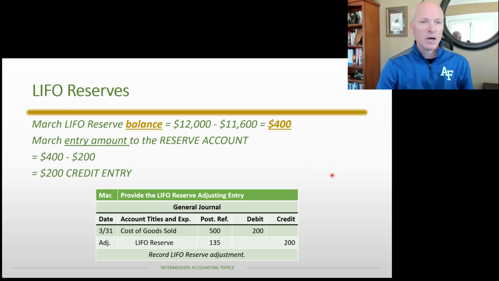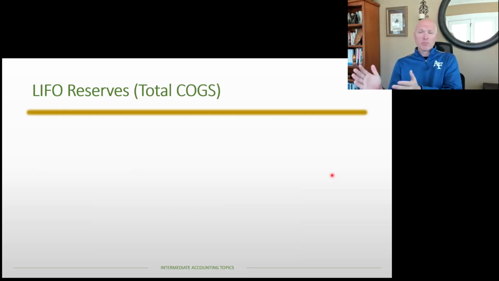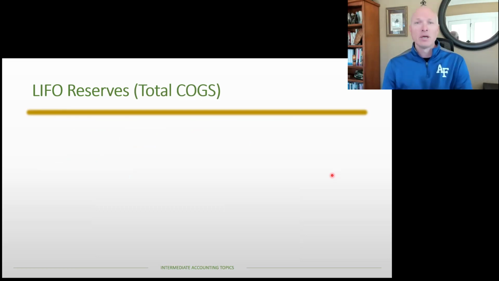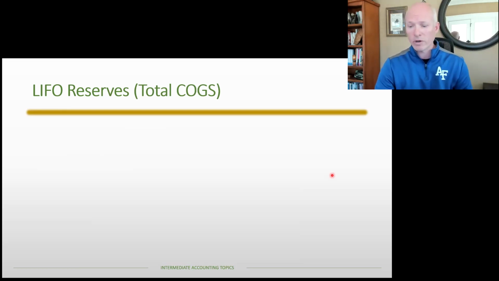All right, so let's now move on to thinking about that cost of goods sold number. Again, the whole idea here is we want our external reporting to reflect LIFO. We have our inventory account under FIFO, and we have a balance that we calculated, that contra asset, that gives us on our balance sheet a LIFO amount of inventory for external reporting.